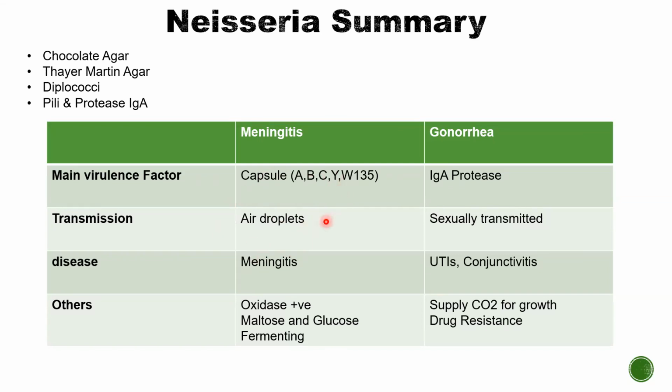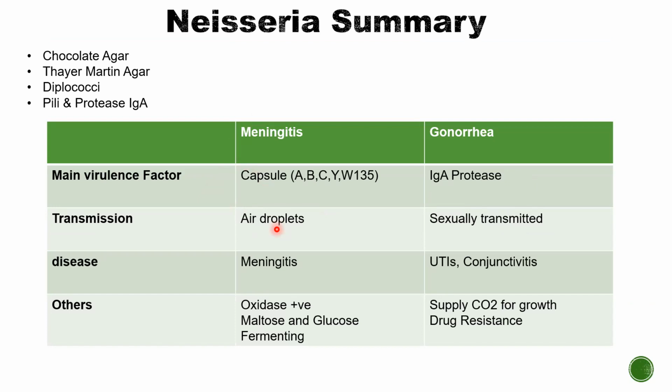Keep this in mind, general concept. Anything that transmits from person to person through air droplets is very hard to control in crowded areas, because in crowded areas, people are coughing and sneezing in really close proximity. That's why this is very common in Hajj. Okay, and we have a special vaccine for that.